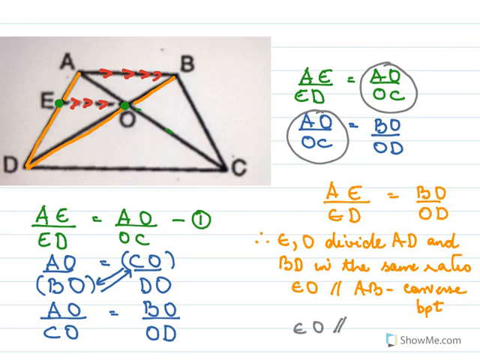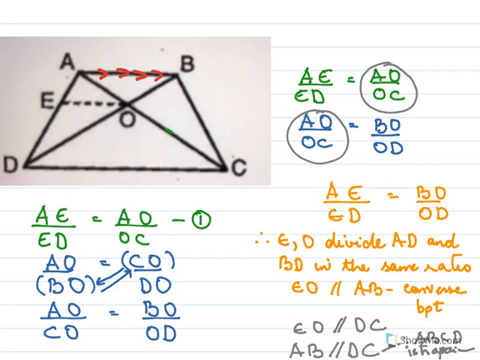But earlier we have constructed EO parallel to DC. So when I compare both these now, I can say AB is parallel to DC. And if AB is parallel to DC, therefore ABCD is a trapezium. So I proved that ABCD is a trapezium. I proved the opposite sides are parallel. Here we have proved AB parallel to DC. So ABCD is a trapezium.